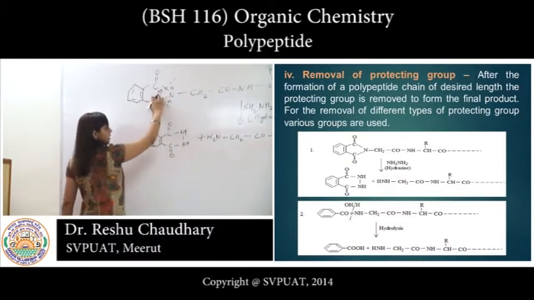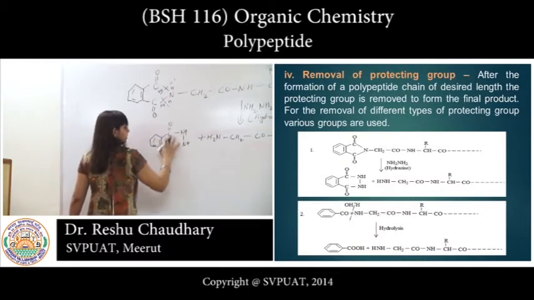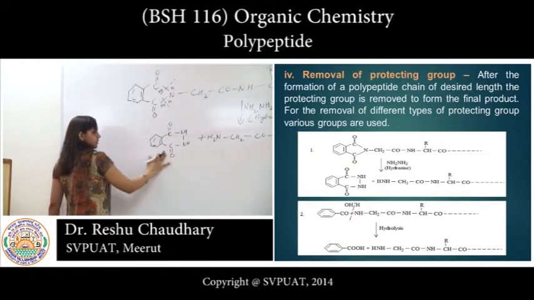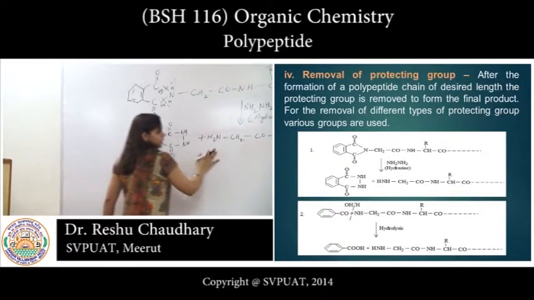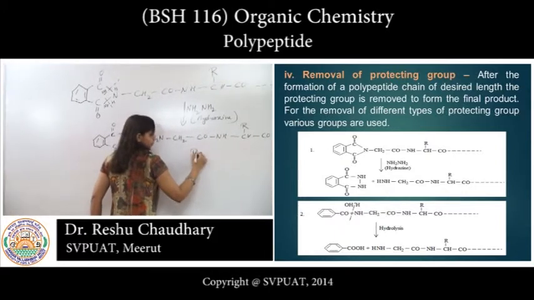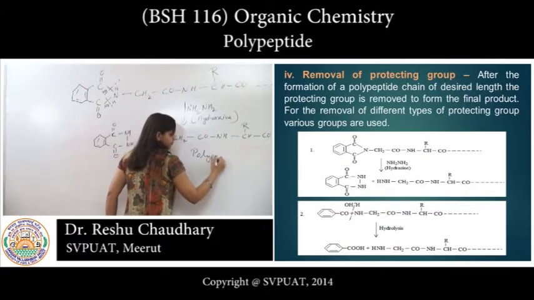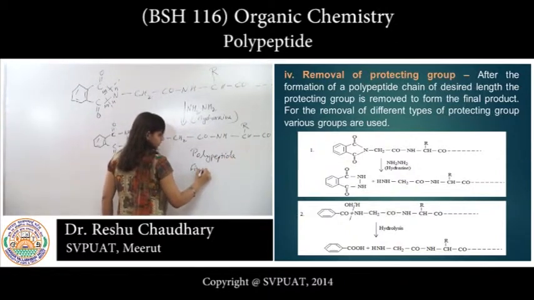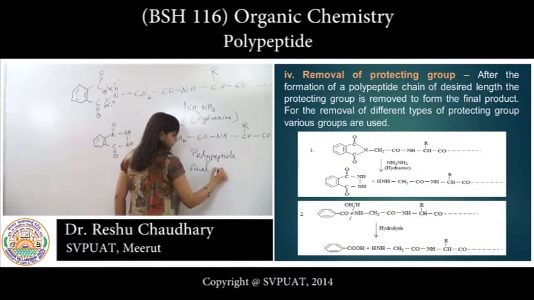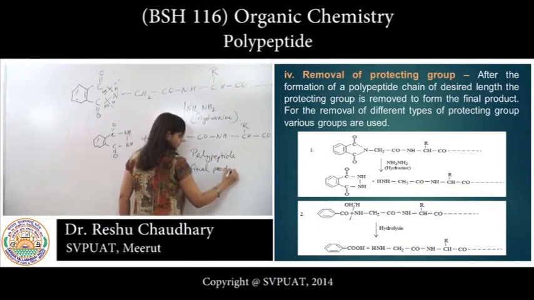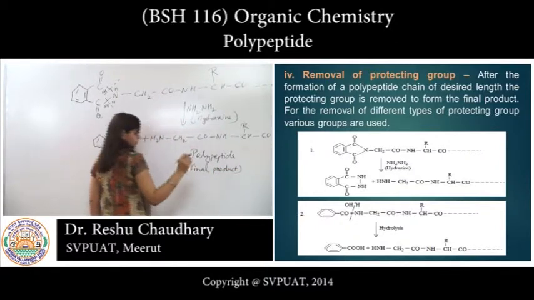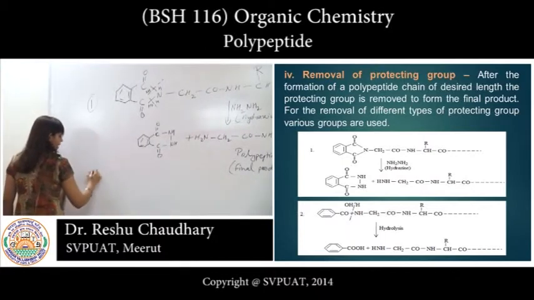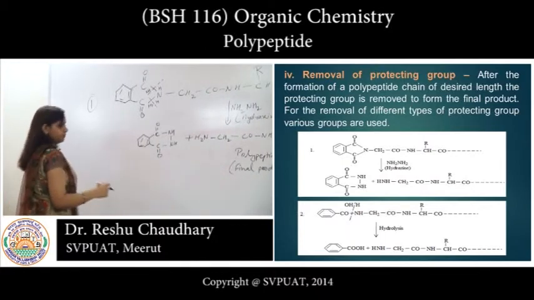Here this nitrogen and hydrogen of the hydrazine react with this carbon and the second one reacts with this, and the final product is the polypeptide chain. The final product we have got. This is the first type of method, and now the second type of method.